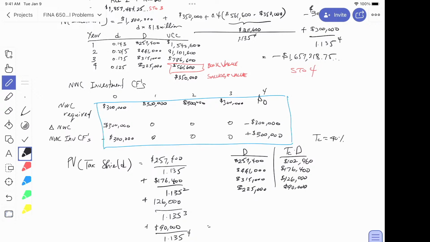And what do you get? So you put them in with your CF keys. And what do you get?